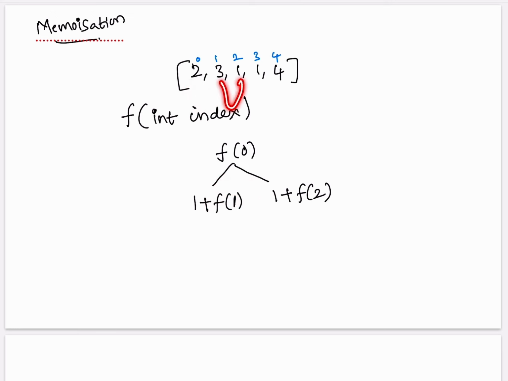So you can jump 1, 2, or 3 steps. So there are 3 possibilities: 1 plus, you are staying at index 2, or at index 3, or at index 4.